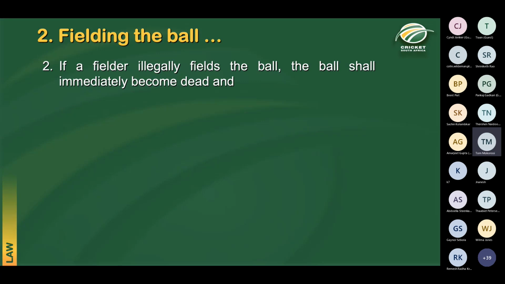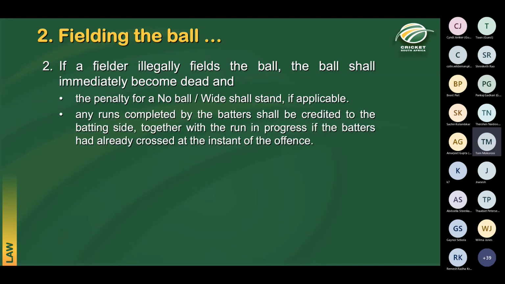Once the ball made contact with the wicketkeeper's glove, it was deemed to be illegal fielding by Babar Azam, and the ball became automatically dead. However, Babar Azam didn't know that he was in the wrong, and so good umpiring practice there was that the umpire called and signaled dead ball before awarding 5 penalty runs to the batting side.